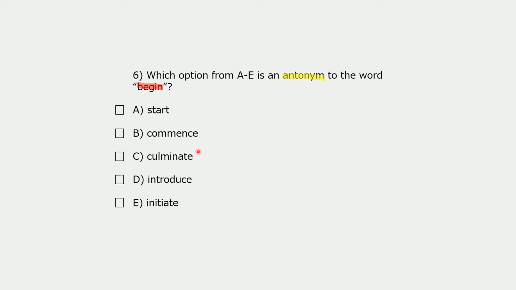Does it mean culminate? Do you know what culminate means? It doesn't mean begin. It means end. But first, let us figure out whether D or E makes sense. D, introduce, is a synonym to begin. Same with initiate. So now we know that option C is correct.